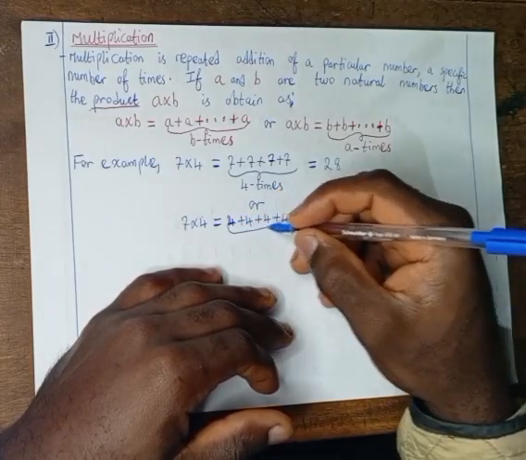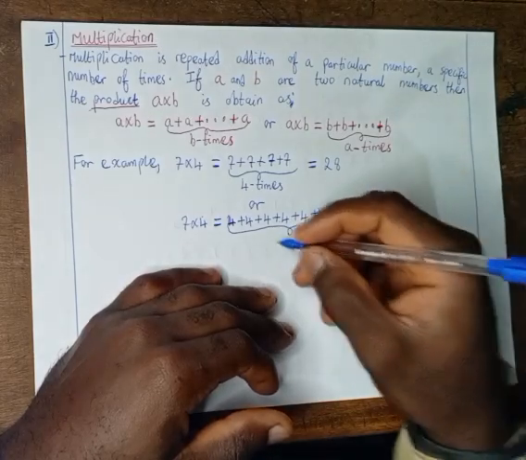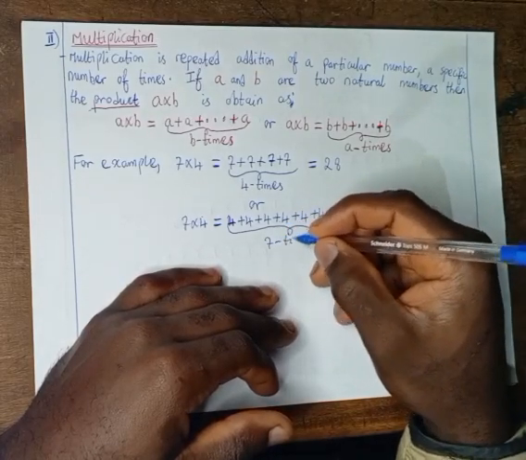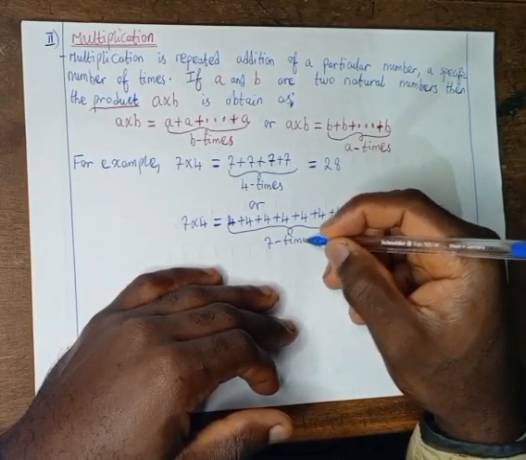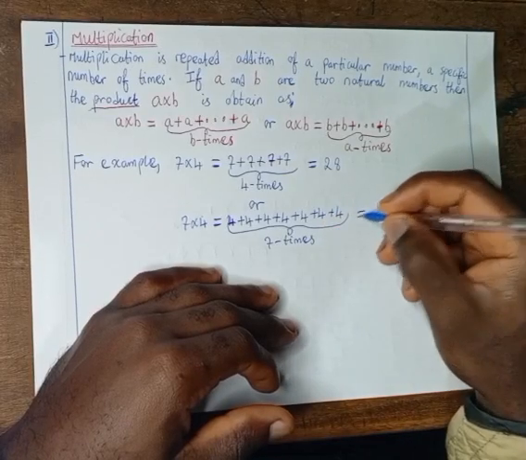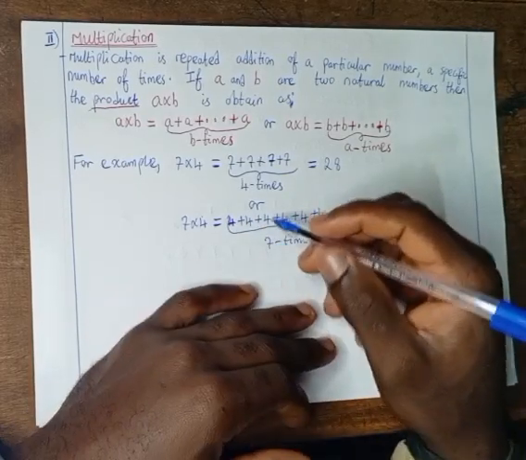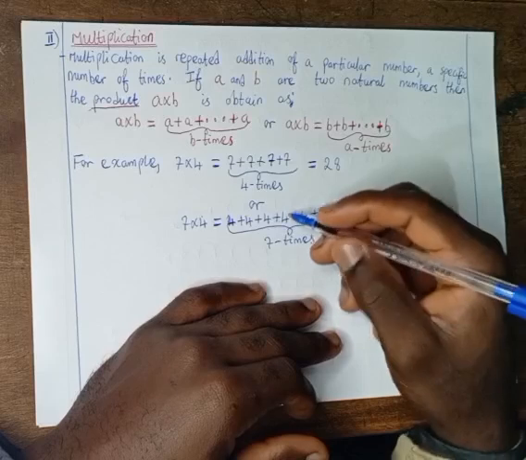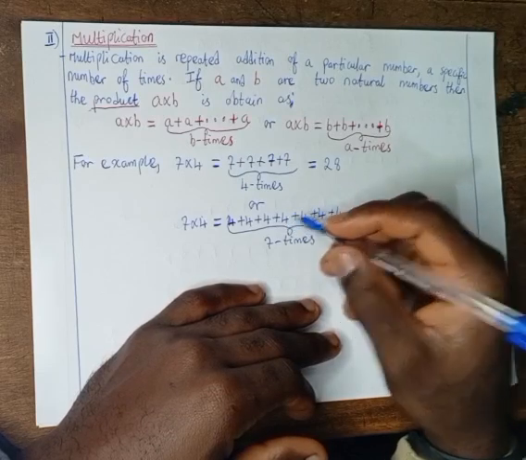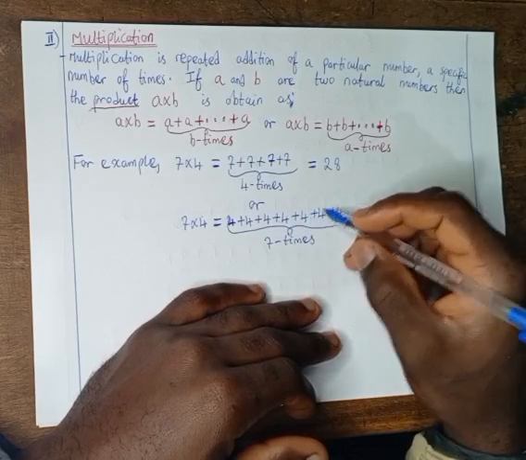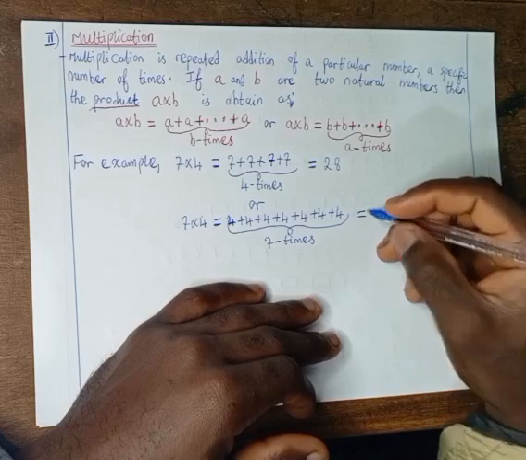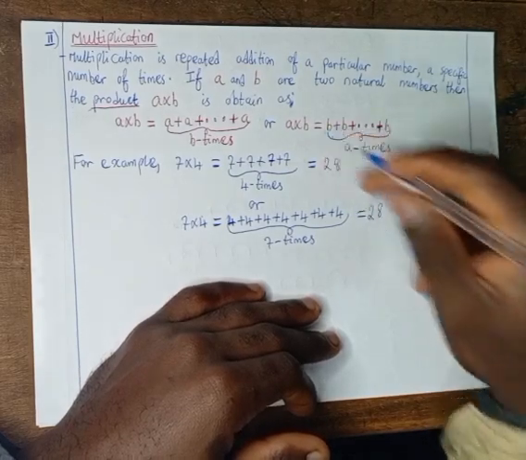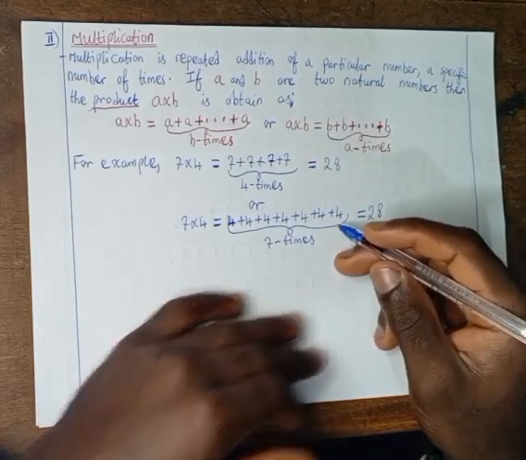So we are adding the number 4 to itself 7 times. This will simply give us 4 plus 4, 8, plus 4, 12, plus 4, 16, plus 4, 20, 24, 28. You see the results are the same.